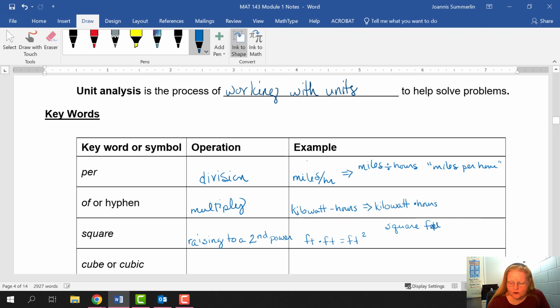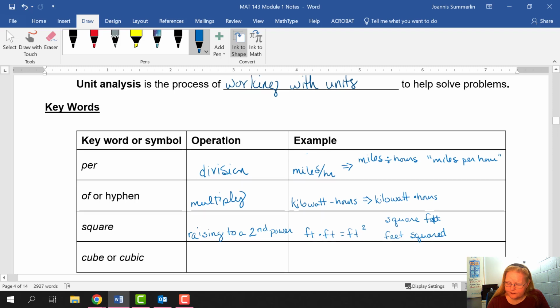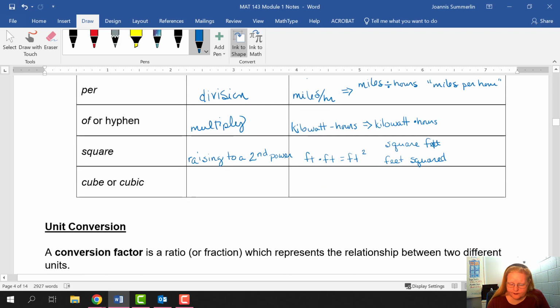Or you can say feet squared. Either way is fine. And this is raising to a third power.